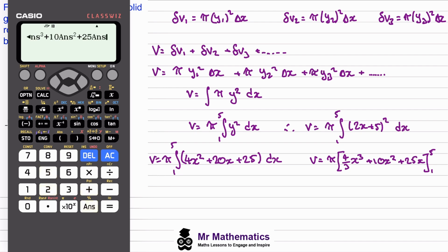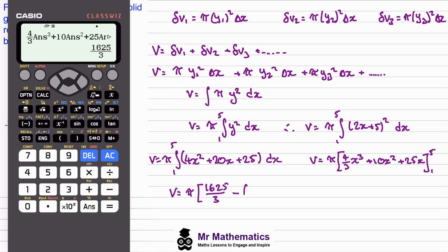So this just makes it much easier for me to substitute the 5 into the expression. And we get the volume will be pi times 1625 over 3. And then when we substitute in this 1, all the x's become 1.